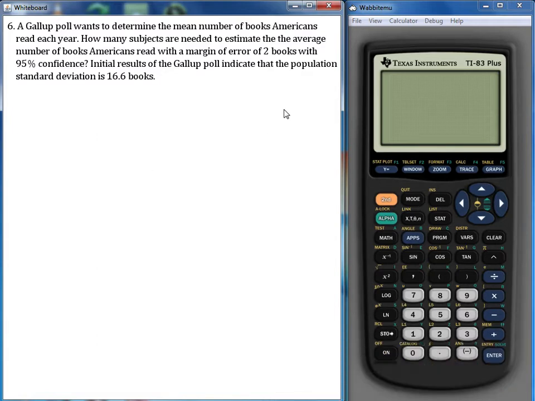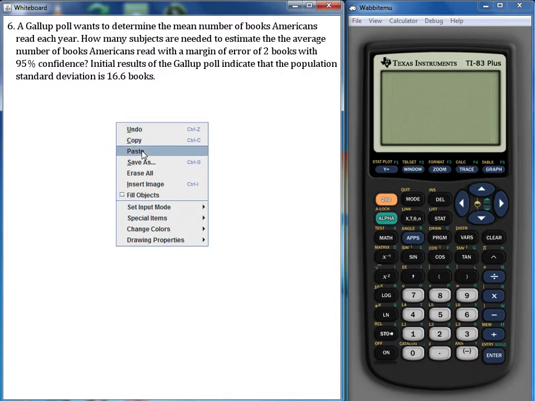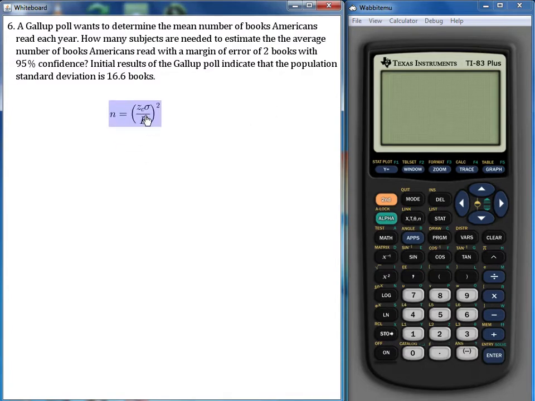So to determine a minimum sample size that's necessary, we have a formula that works if we're estimating the minimum sample size that we need to use for a mean. So that is the formula: Z sub C times sigma divided by E, quantity squared. Z sub C is a critical value.